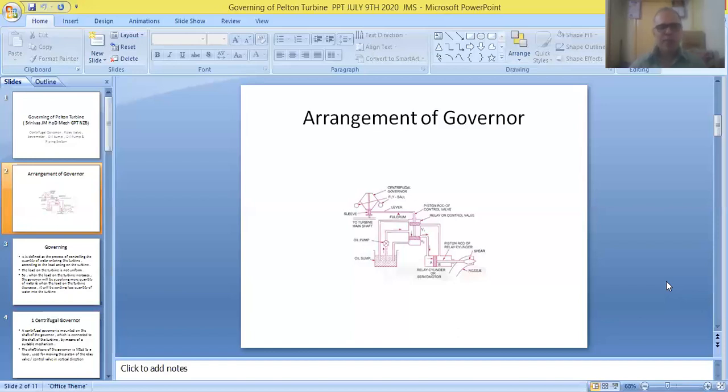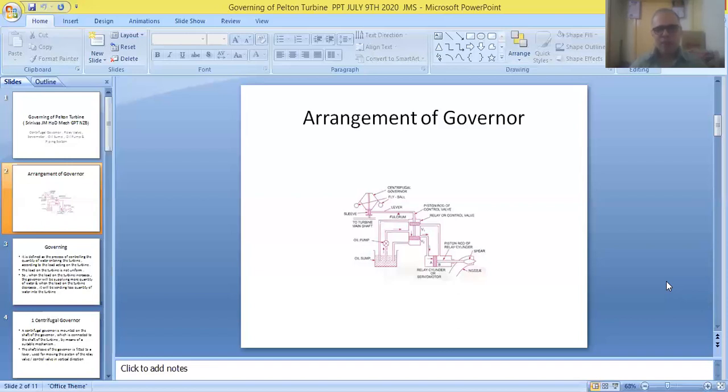So this is the wonderful arrangement made for controlling the quantity of water, or for controlling the operation of the Pelton turbine. And similarly, when the load on the turbine increases, the entire operation will be taking place in reverse direction.